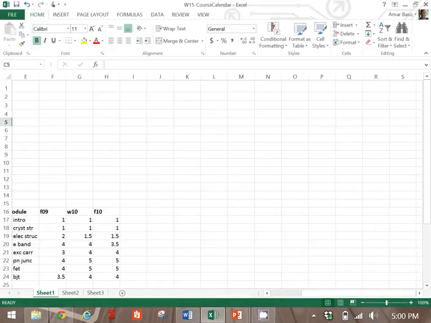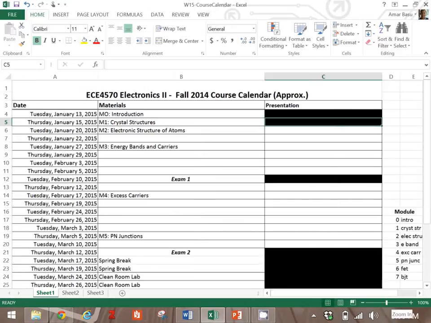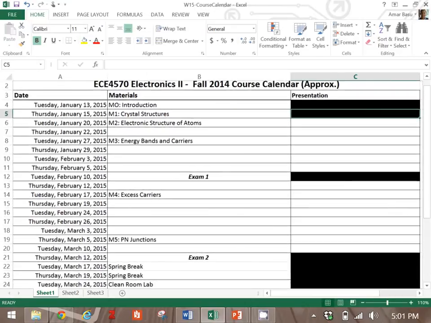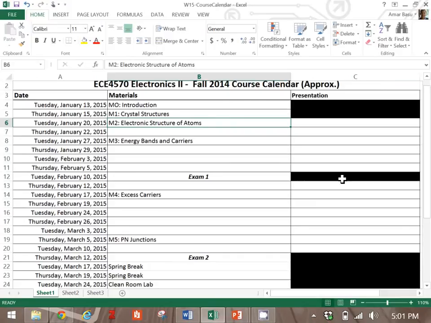I will scan that and post that on Blackboard as well, so you know. And yes, please do remember which date you have, because I often forget, and everyone needs to make sure that they do this by the end of the semester.